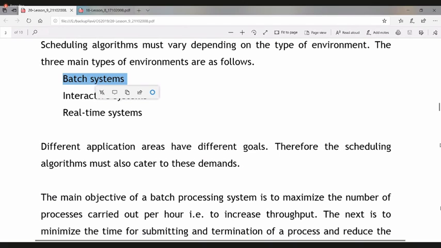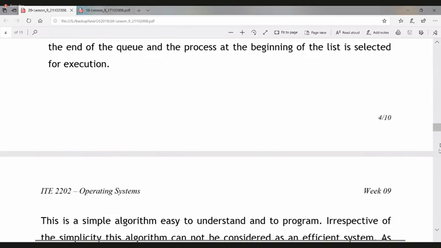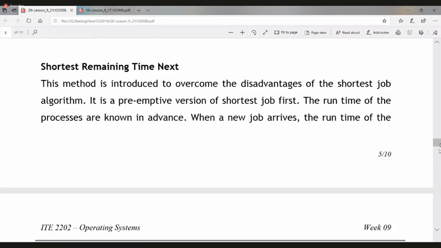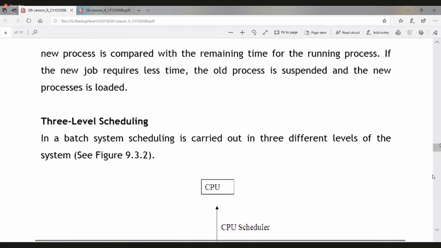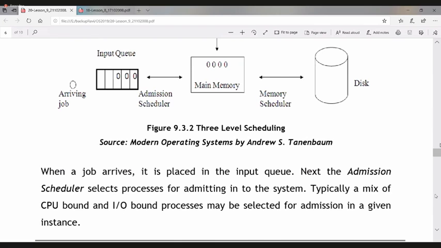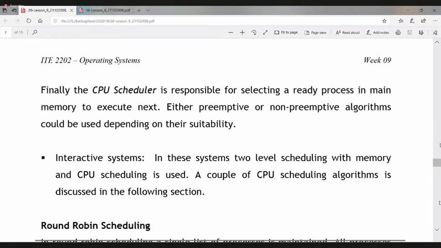Batch systems means you get jobs in a batch, like in an input queue, you get 10 jobs at once, so you can schedule them. But interactive and real-time systems are different from these, so you can't apply the same algorithms. So let's talk about the second one.